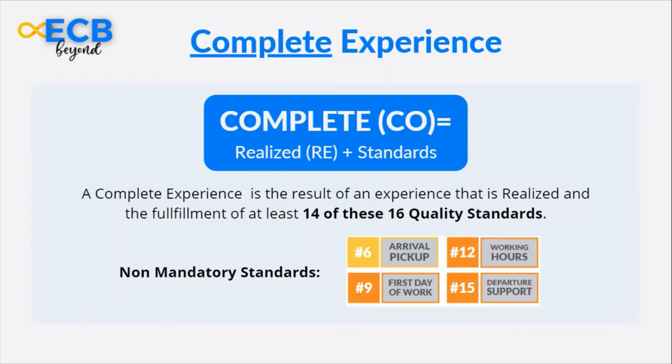Even though there are four that are non-mandatory, you might think, okay, I can just provide 12 of them then. No, you have to provide at least 14 of these 16 quality standards, and any of the two that you are not fulfilling can only be among these four.